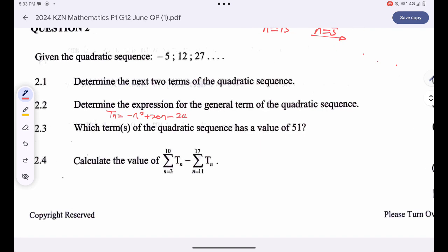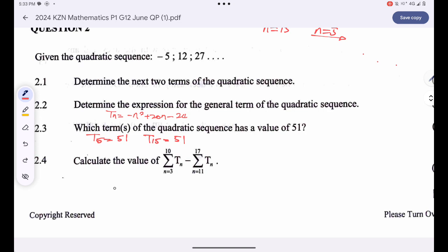So the terms T5 is equal to 51, and then T15 is also equal to 51. Okay, now we are told to calculate the value of this sigma expression over here.